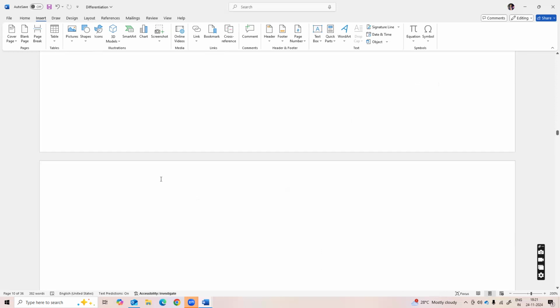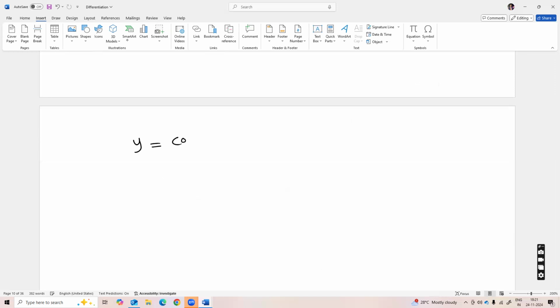We'll take one more example because it is crucial to understand this concept. Let's take y is equal to cos of x square plus 4. Again, we don't have simply cos x, so here we will write this term as X equal to x square plus 4.